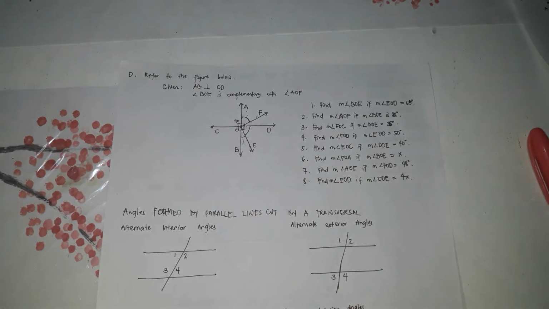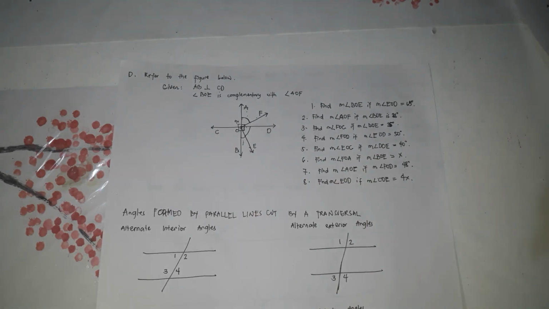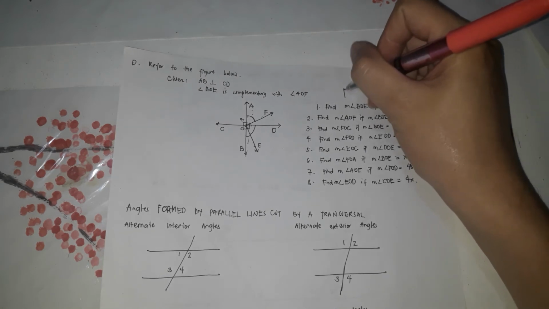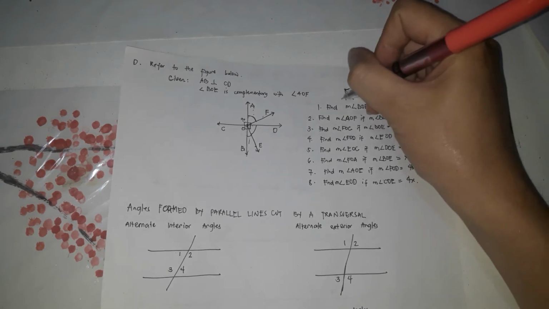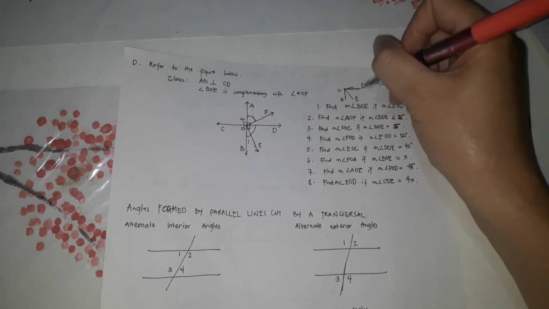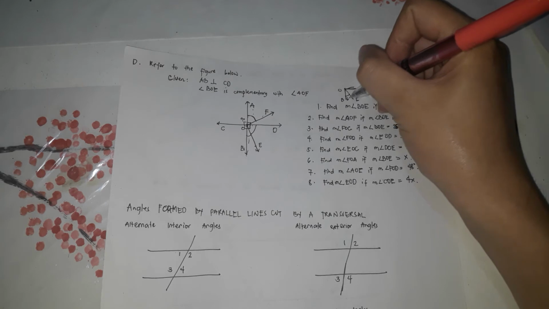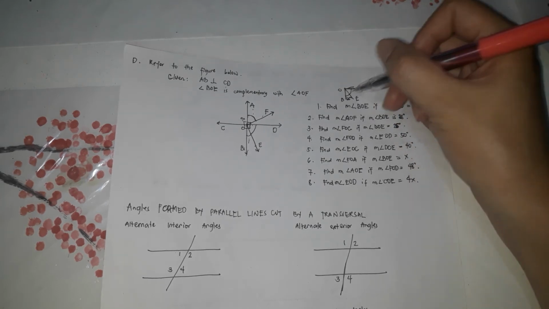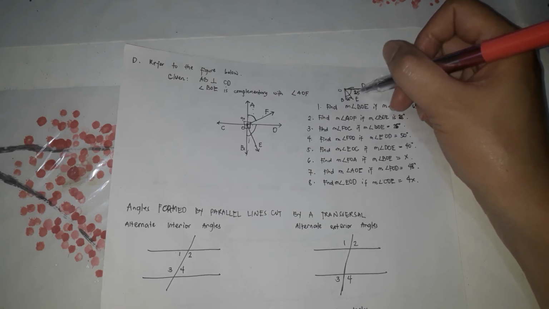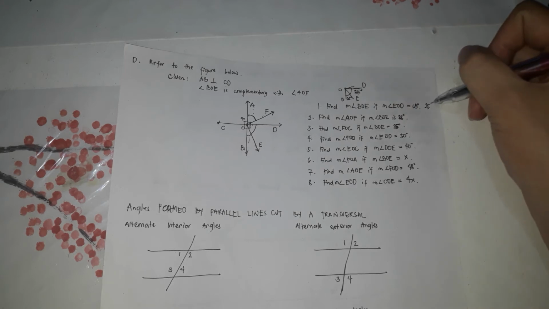As you can see, if we're going to draw it here, si BOE at saka si EOD formed 90 degrees. So letter L is 90 degrees. So if this is 65, anong i-plus mo dito para mag 90? That's 25. So the answer is 25 degrees.